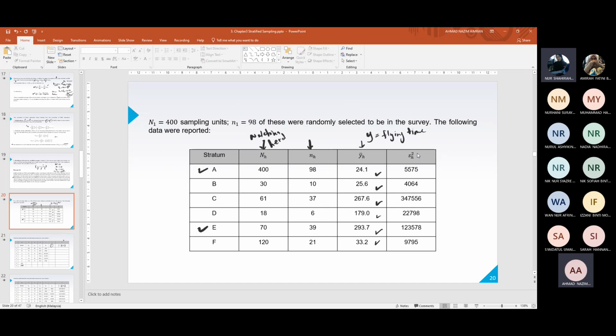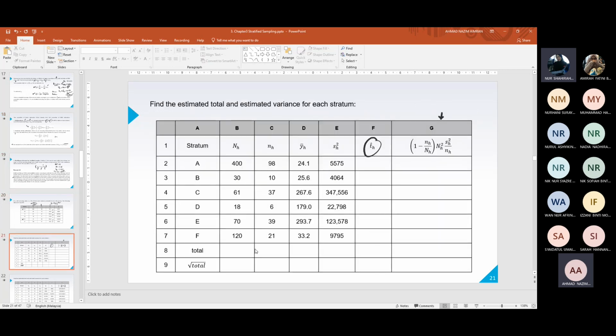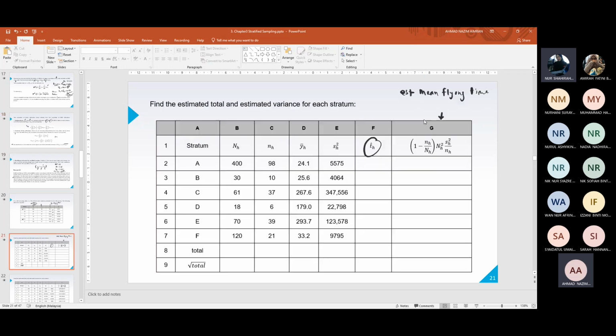If you look back here, it is the estimated variance of the mean flying time by using stratified random sampling.